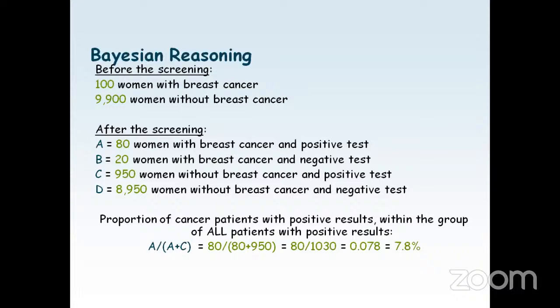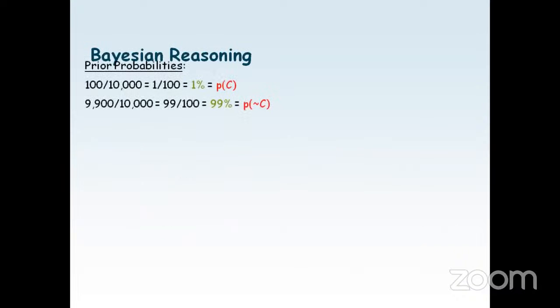So the proportion of cancer patients with a positive result within the group of all patients with positive results, that is A divided by A plus C, gives you 7.8%.